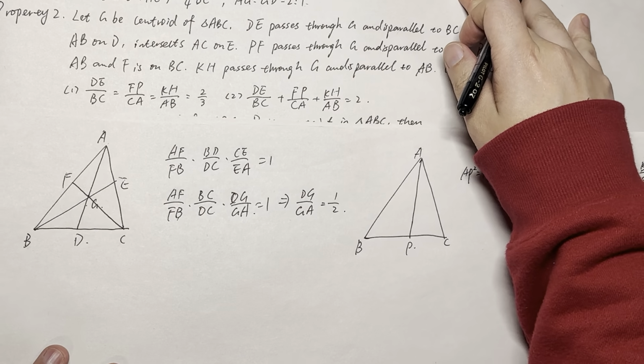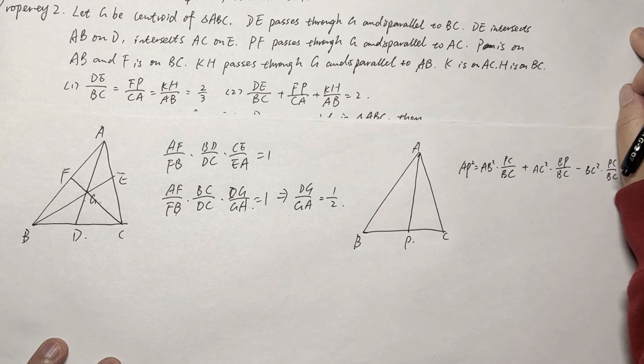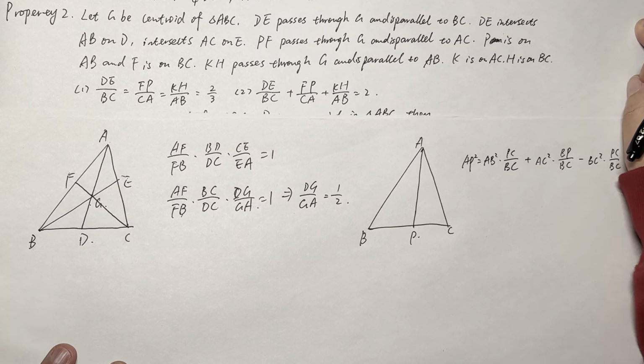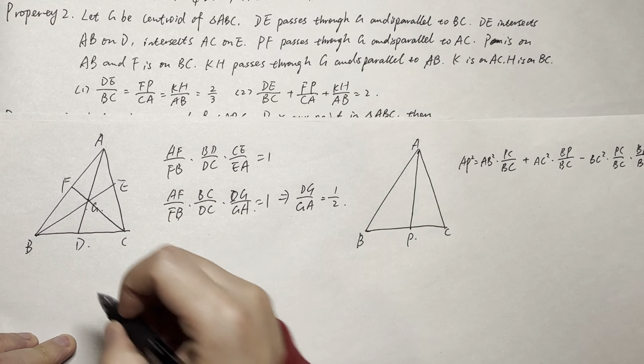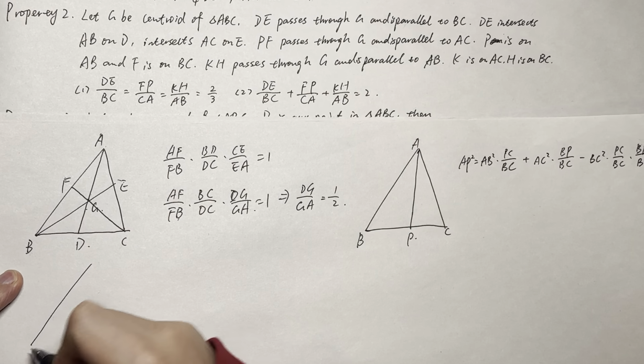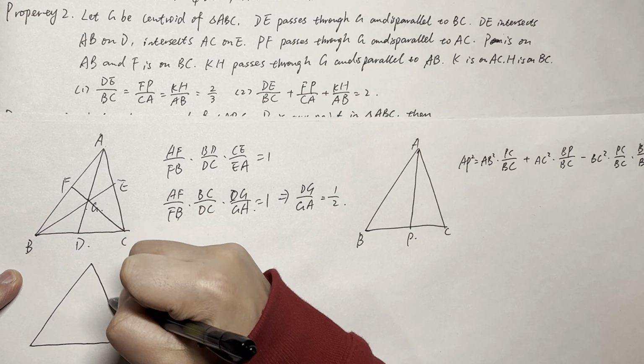So let's see the next one, property 2. Let G be the centroid of triangle ABC. Okay, we draw a triangle ABC here.